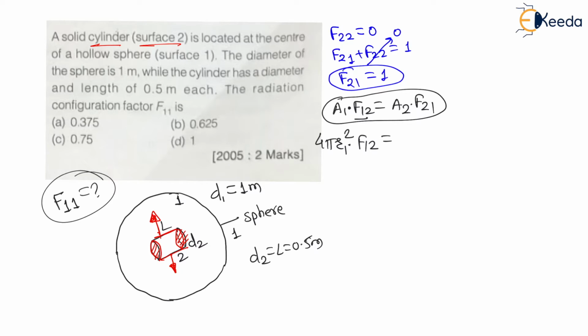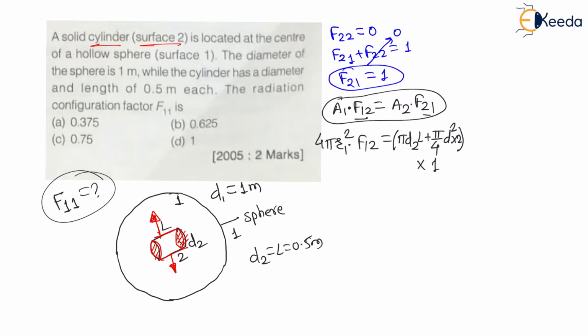Therefore, the area available for heat transfer is two cross-sectional areas, each pi by 4 d square, and one circumferential area, pi d L. Therefore area 2 will be pi d2 L, the surface area, plus pi by 4 d square, the cross-section area, but two cross sections are available, one from the left side, other from the right side, so into 2. This is the area available, into F21, which is 1.